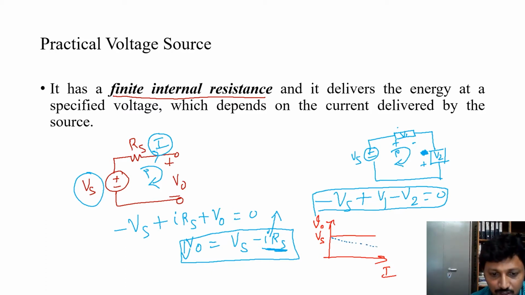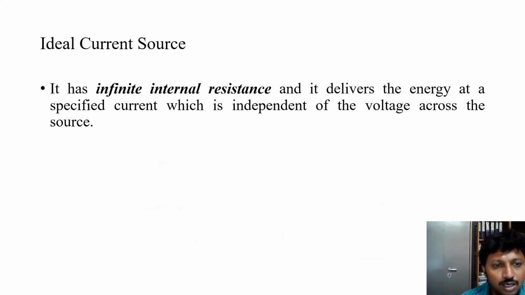So here V0 is not equal to Vs because I is increased. So this terminal voltage depends on the current delivered by the source. So this is the practical voltage source characteristics. Next, the ideal current source.